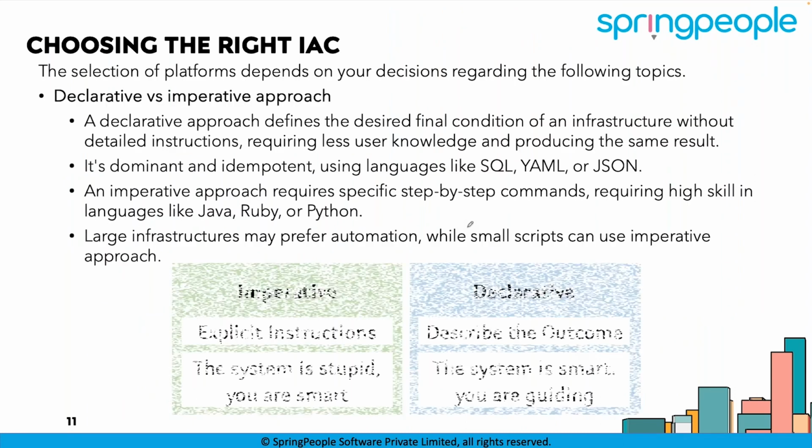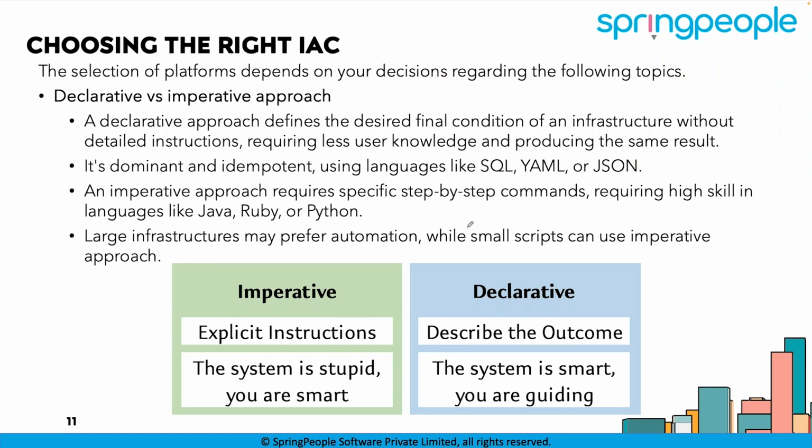How to choose the right IaC, infrastructure as code? There are multiple types of tools. So when it comes to your way of looking at things, do you want things to be declarative or imperative? Imperative means you do things one by one. Declarative is something where you just define things, whatever it is.